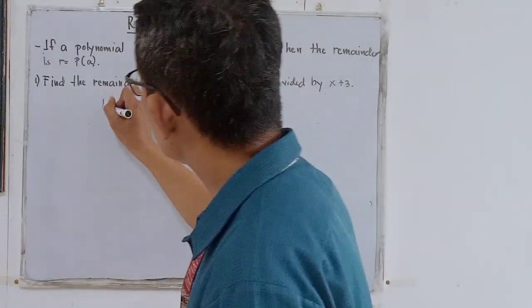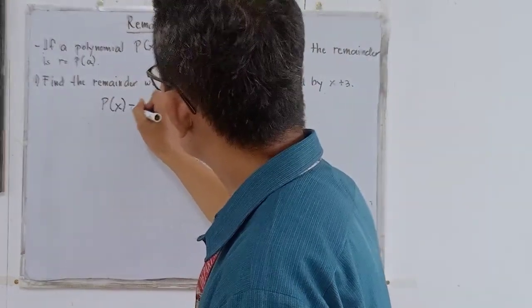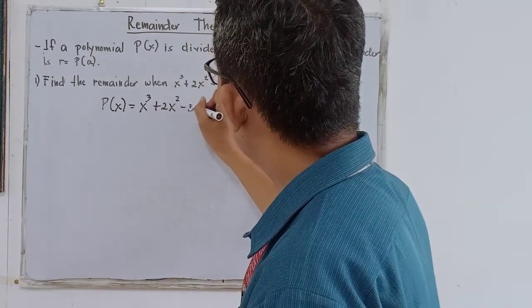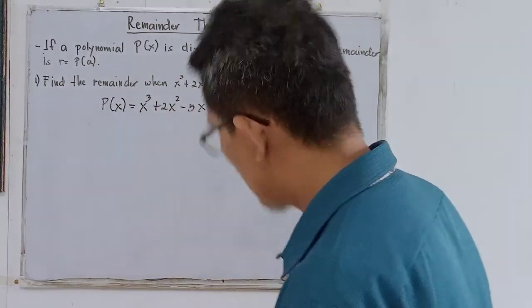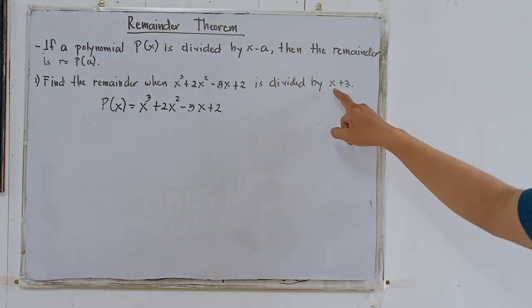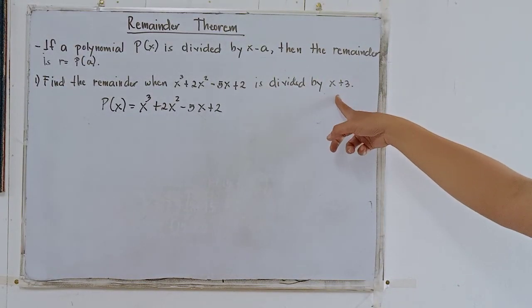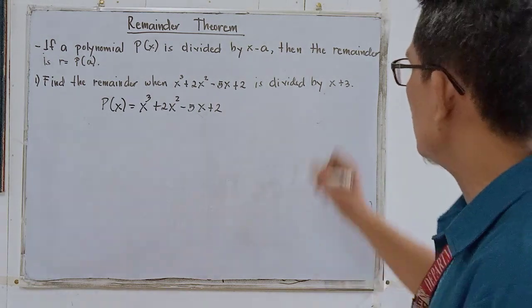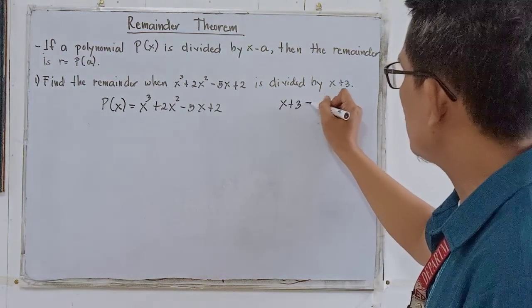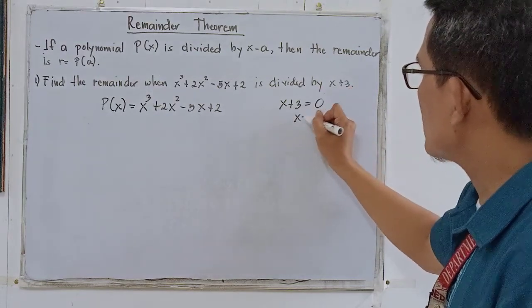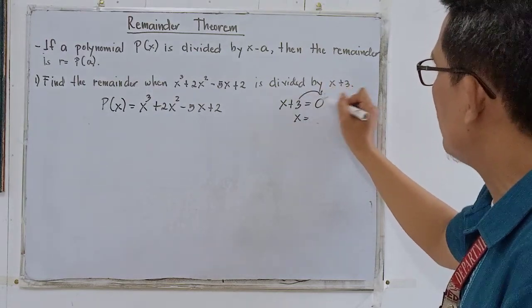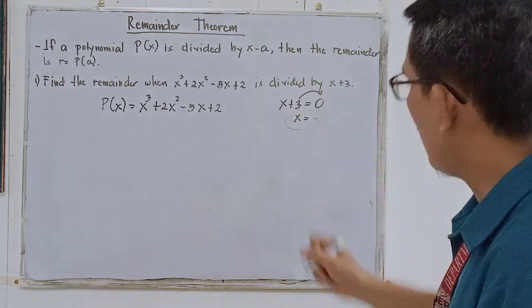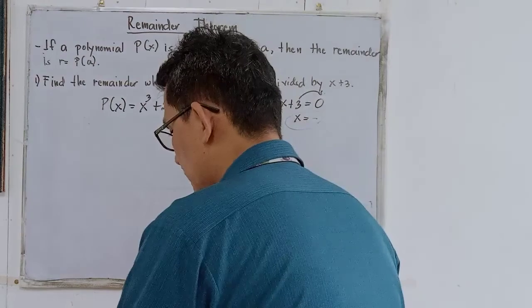So p of x is equal to x cubed plus 2x squared minus 5x plus 2. Now, we're going to equate our divisor x plus 3 with 0. So x plus 3 is equal to 0. Thus, transposing 3 to the other side, the value of x is negative 3.